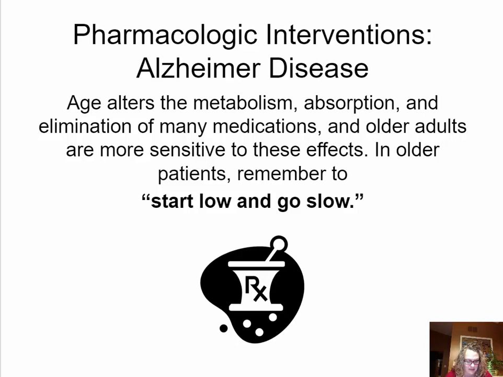Pharmacologic therapies are discussed starting on page 356. As with all drugs in older adults, it's important that we start low and go slow. In other words, start at the very lowest dose, sometimes lower than the recommended therapeutic dosing, and then titrate that up to effectiveness slowly.